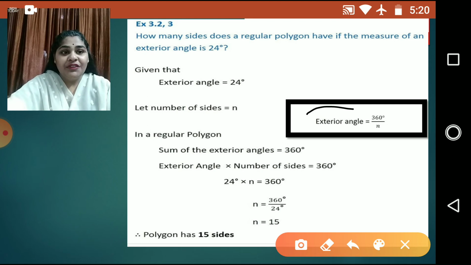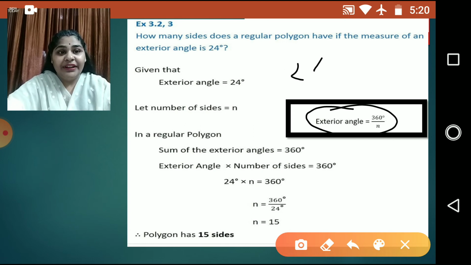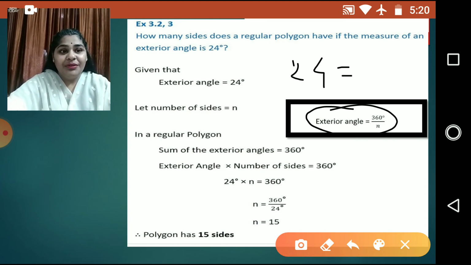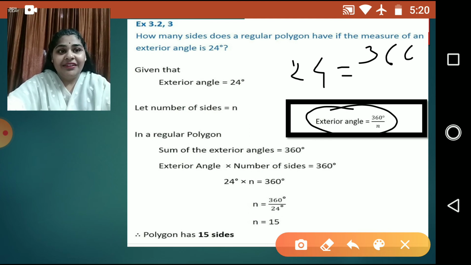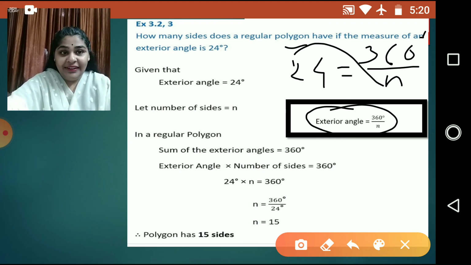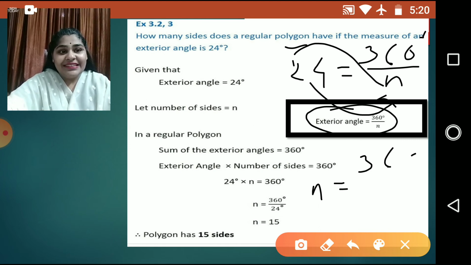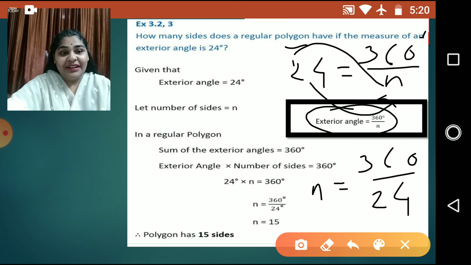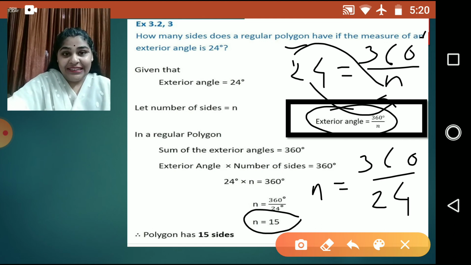Suppose in this formula, if I substitute the given things, exterior angle 24 is equal to 360 degrees divided by n. Now what I am going to do is transpose n to the left hand side and take 24 to the right hand side. So we will get n is equal to 360 degrees divided by 24. After solving this, n is equal to 15, that means the polygon has 15 sides.